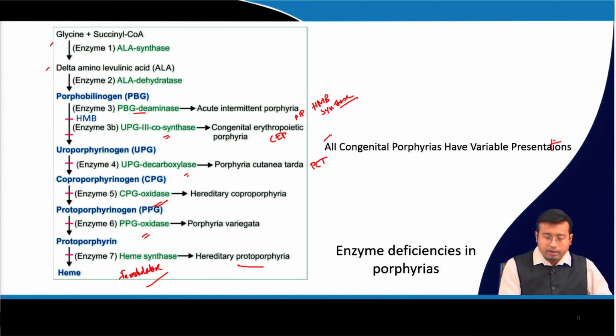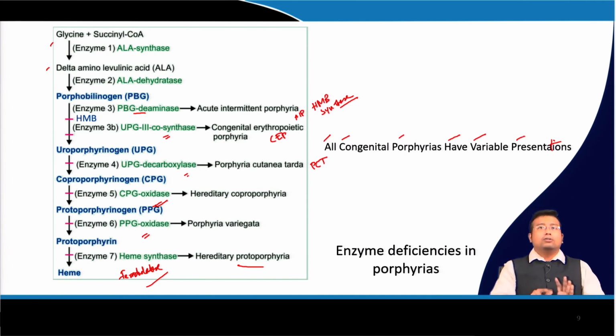Acute intermittent porphyria, congenital erythropoietic porphyria, porphyria cutanea tarda, hereditary coproporphyria, variegate and protoporphyria, alright. So, all congenital porphyria have variable presentation. This is a phrase, a mnemonic by which again you can remember the names, right. So, there is a lot of memorization that you need to do, and you can take the help of these keys to memorize them in sequence. Okay.